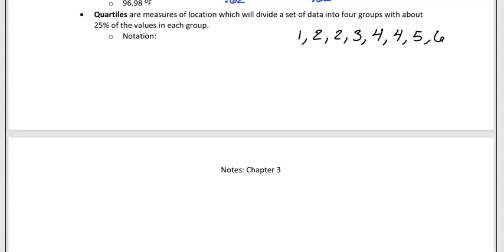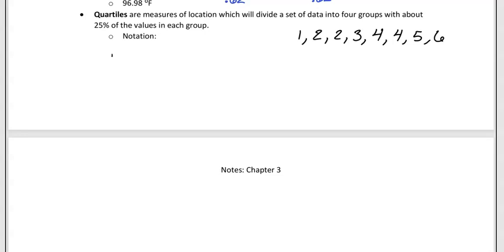The point of quartiles is to take the data set and split it into two pieces. So I have a lower half of data and an upper half of data, and then find the median of the lower half and the upper half. And what that does is it's going to take that data set and split it into four pieces. Quartiles means four pieces.